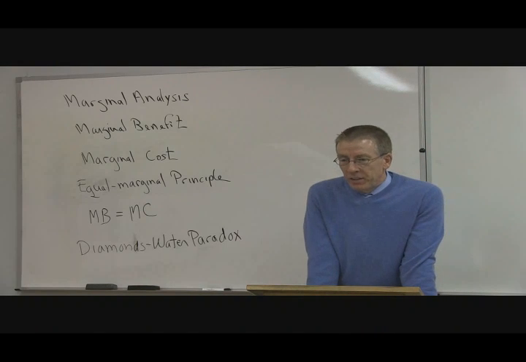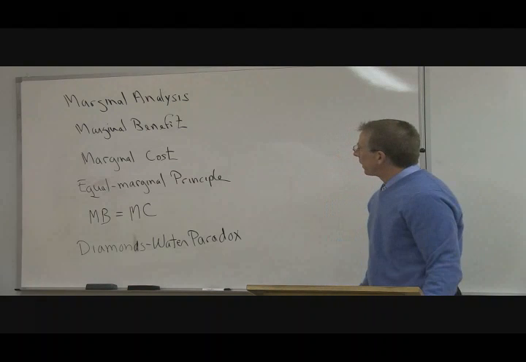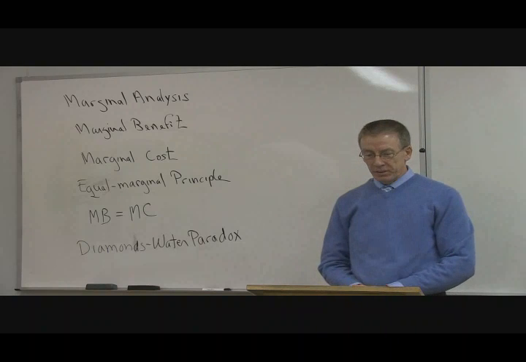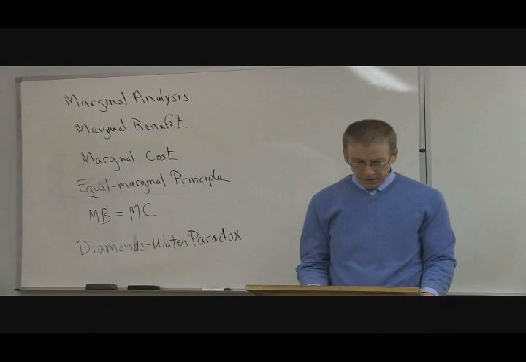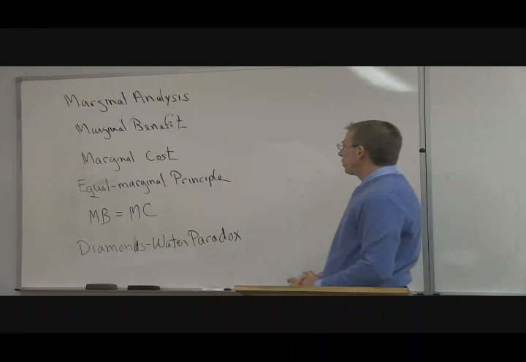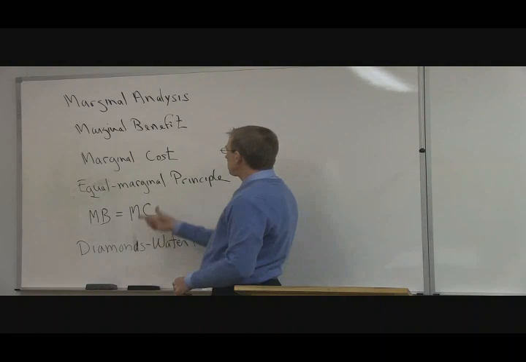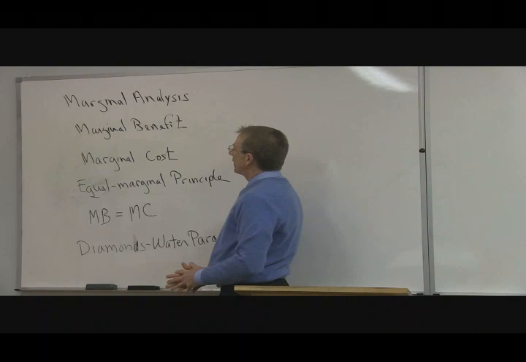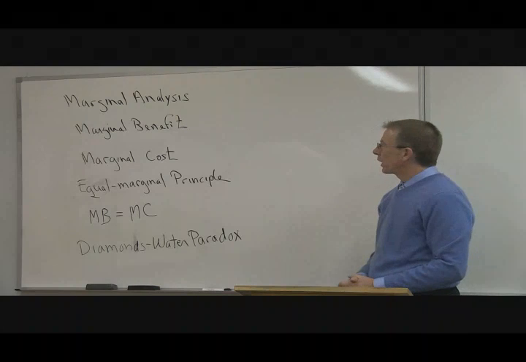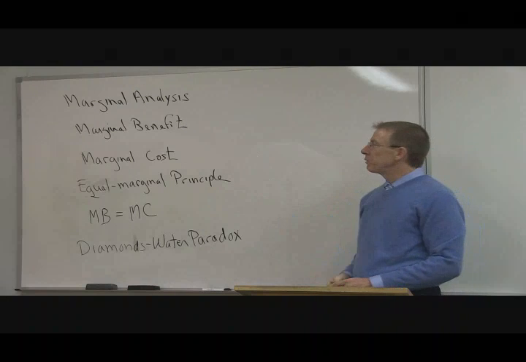So in theory, it's relatively easy to talk about marginal benefits and marginal costs. In reality, it gets more complex because we live in a world of uncertainty. But the theory suggests what I'm going to call the equal marginal principle: any time an organization makes a decision, it examines what the additional gains from that decision are.